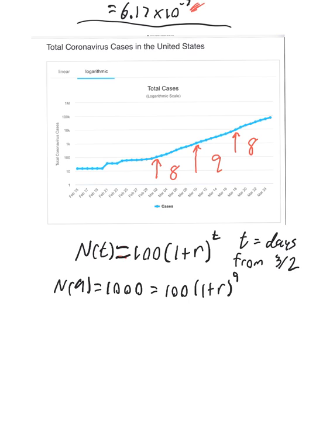Let's solve this for r. That'll give us what we need to write the equation with the specified value of r. Well, we're going to divide by 100. So 10 is going to be (1 plus r) to the 9th.